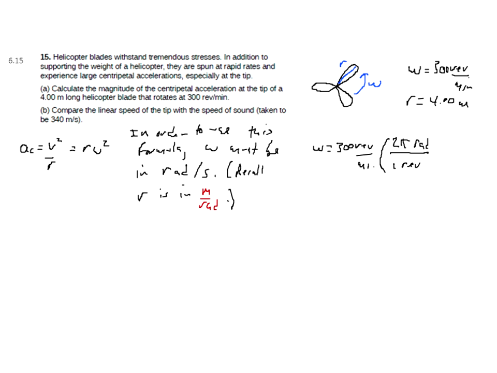One revolution is 2 pi radians. 1 minute is 60 seconds. Sorry, that's kind of sloppy writing there. So it turns out we get 681 radians per second.